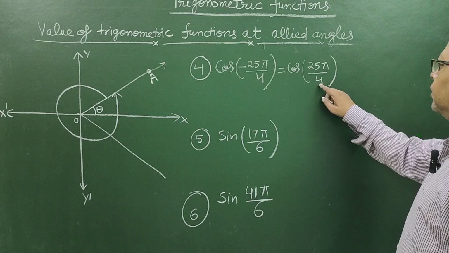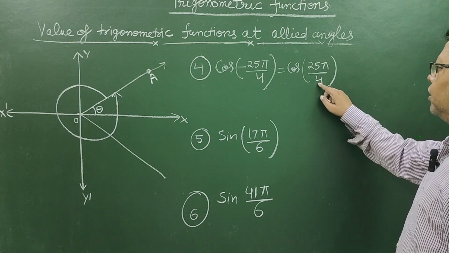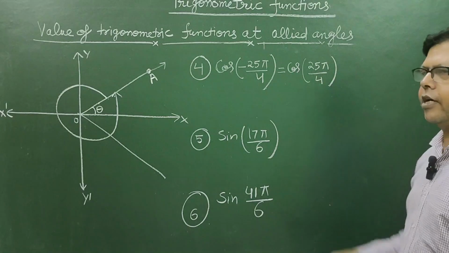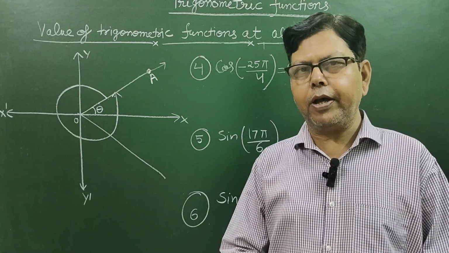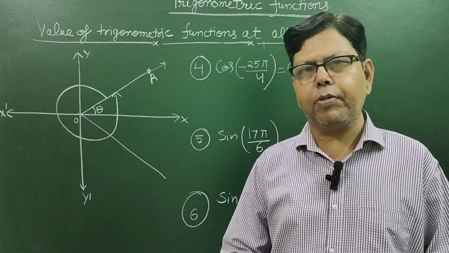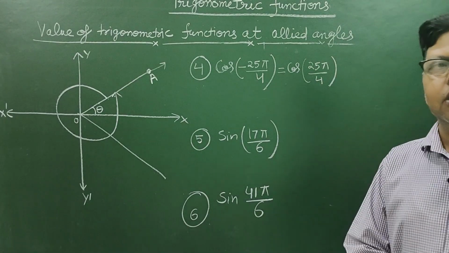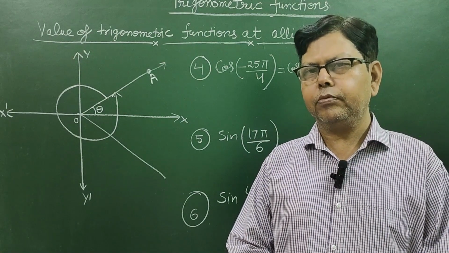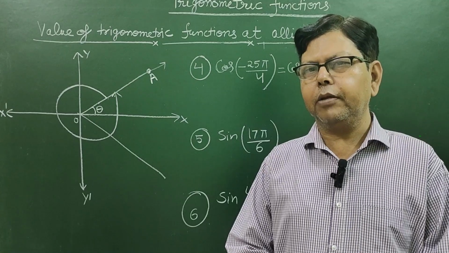Now this fraction we need to remove in such a way that we get it in the form of 2n pi plus some angle or 2n pi minus some angle, means an even multiple of pi.